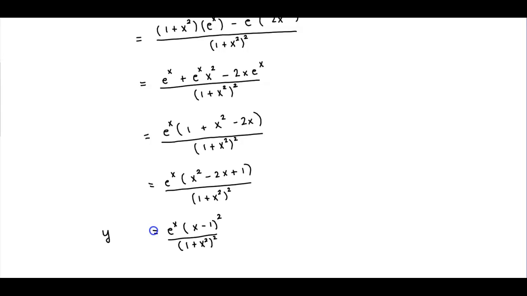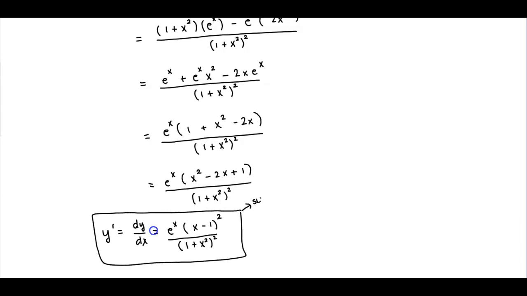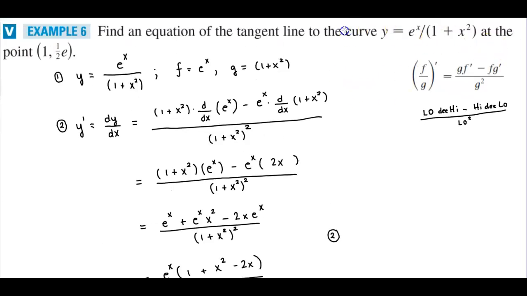So again, this is the derivative where it's y prime, which is equal to dy over dx. So therefore, this is the derivative, and we know that this represents the slope. So recall that at the beginning, we know that its tangent line is at the point 1, 1/2 e.